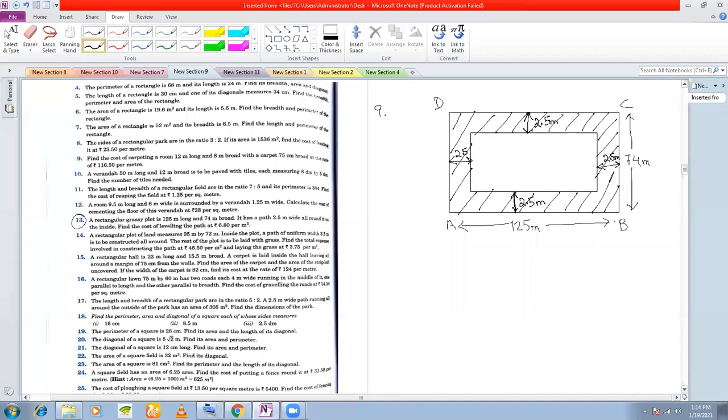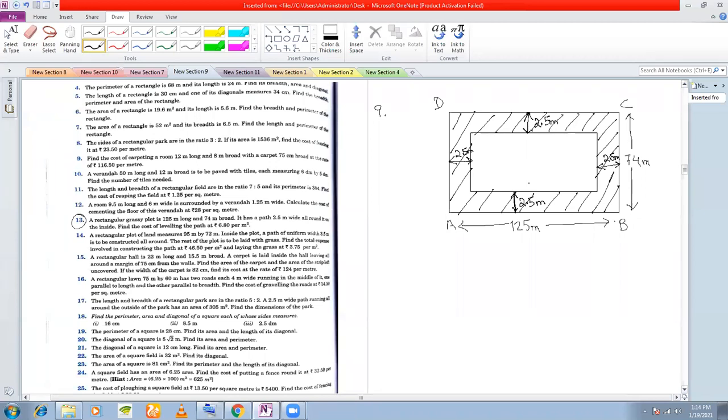All these are 2.5 meters, all around on the inside. So this path is 2.5 meter broad inside this rectangle ABCD. Question is, find the cost of leveling the path at 6.8 per meter square. Leveling means making it uniform, making it flat completely.